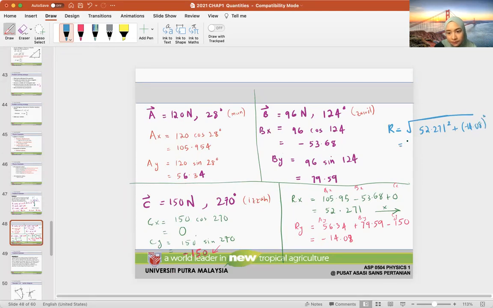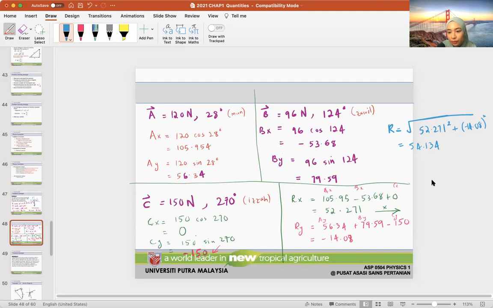Okay, jawapannya dapat 54.134. Thank you Fazrul. Betul tak? Semua orang dapat tak sama Fazrul?